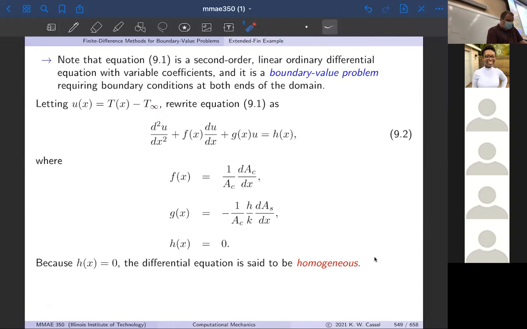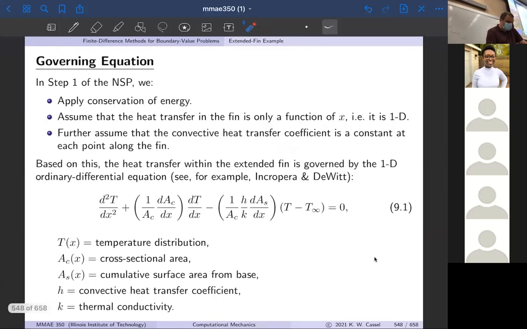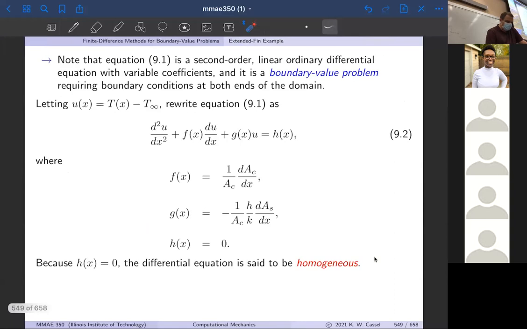And so what we'll end up with is a slightly simplified version of the same equation. I've written it in a more generic fashion here as a second order linear variable coefficient non-homogeneous equation. I wrote it as non-homogeneous with an h on the right-hand side. The f could be a function of x. The g could be a function of x. And for our situation, here they are. So f of x is just this coefficient right here, 1 over A_c, dA_c/dx.